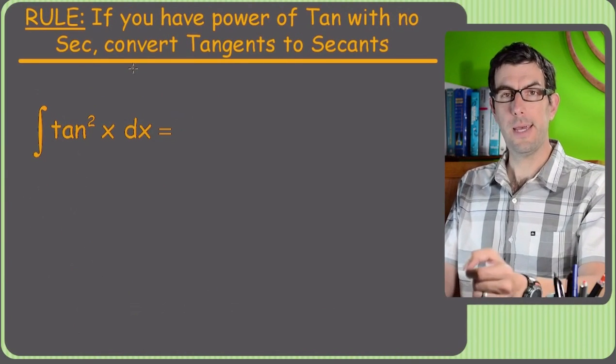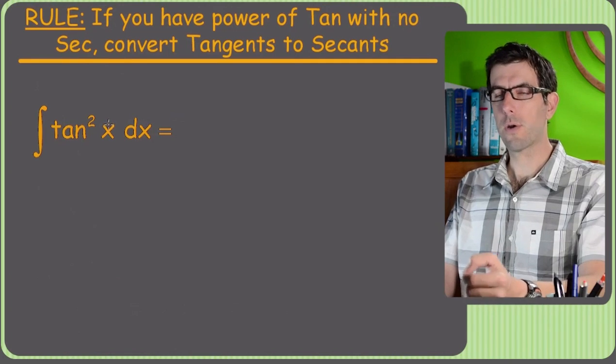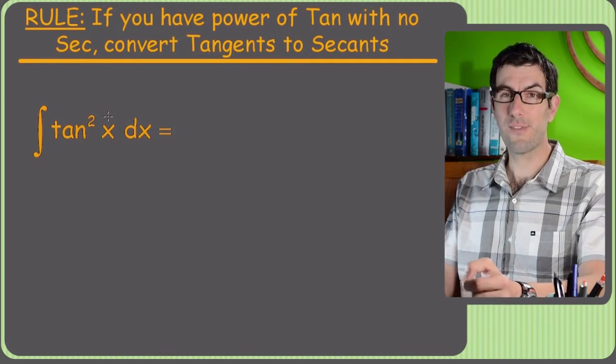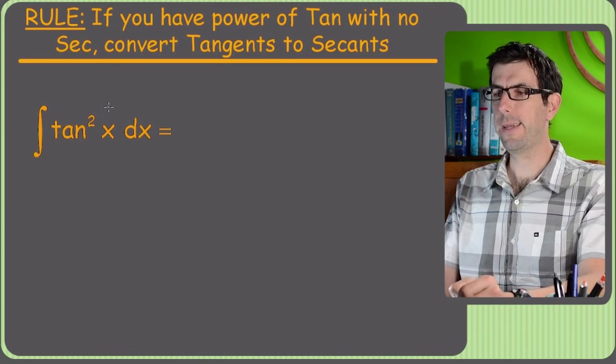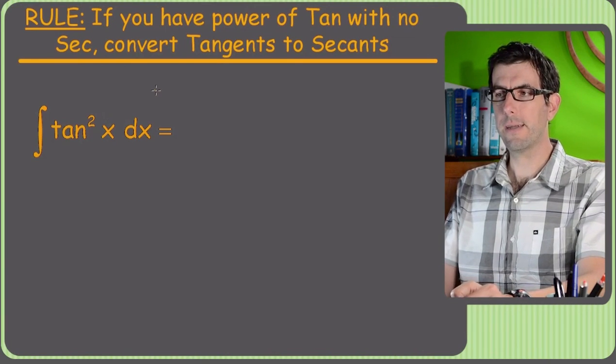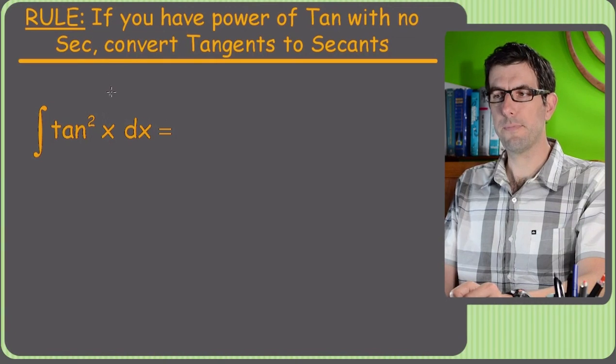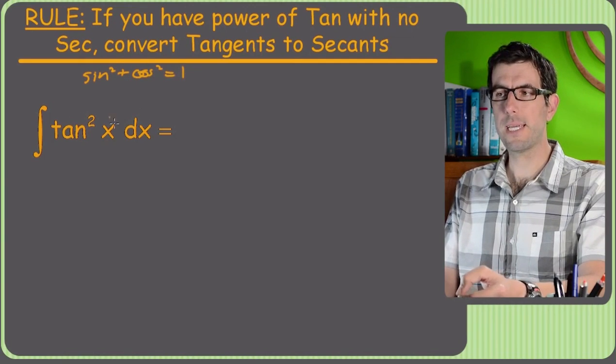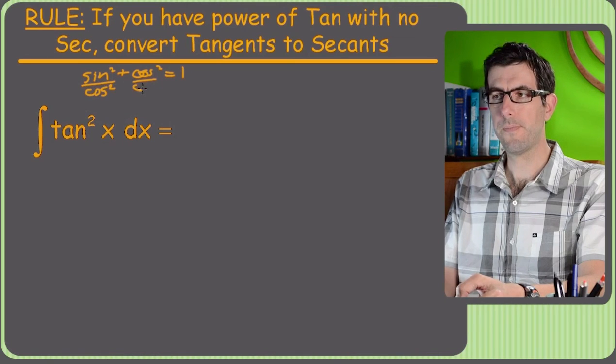All right, so if you ever have a tangent or a cotangent to a high power, all you do is convert it to secants using the Pythagorean identity. So the Pythagorean identity, recall, for tangent squared: we start with sine squared plus cosine squared equals 1. And then to get the one with tangents in it, I'm just going to divide everything by cosine squared.